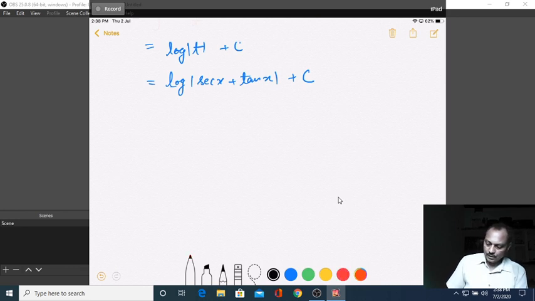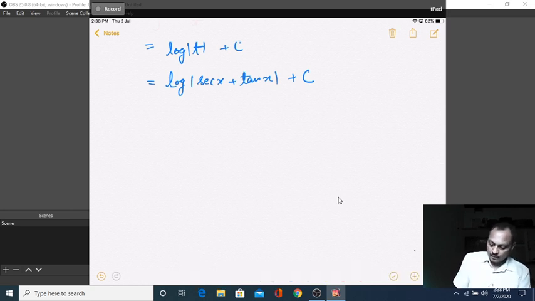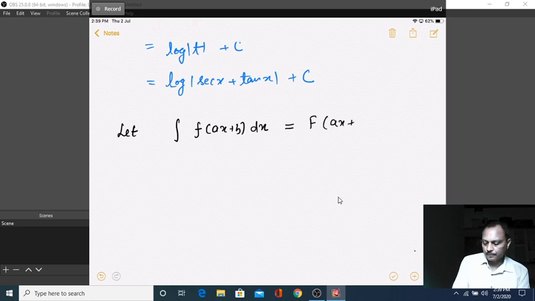Before that, I want to discuss one thing. We have the integration of small f of x is capital F of x.